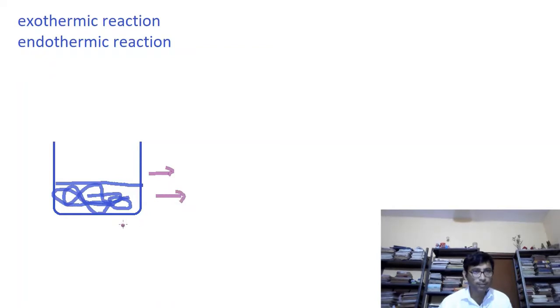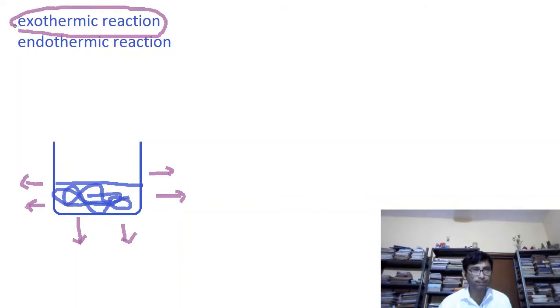So heat is coming out from this reaction and passing on to the surroundings. This kind of reaction is called an exothermic reaction. So this one is an exothermic reaction.